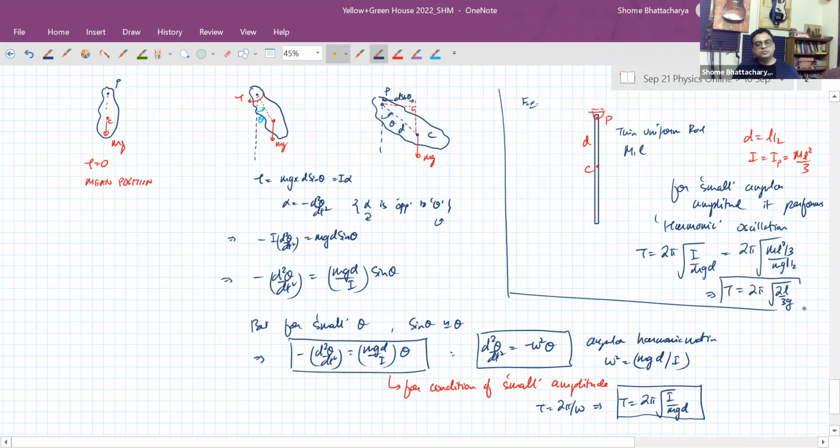So this becomes the formula for time period. And to go back and forth like this.